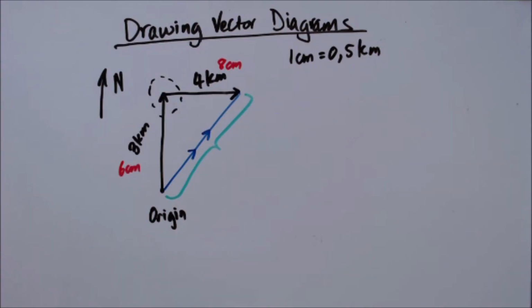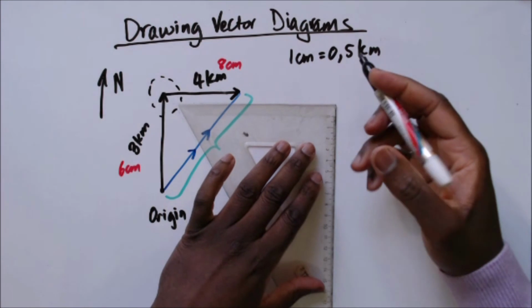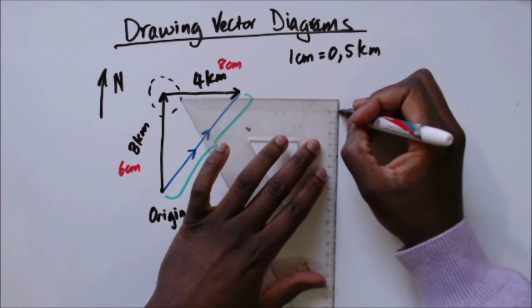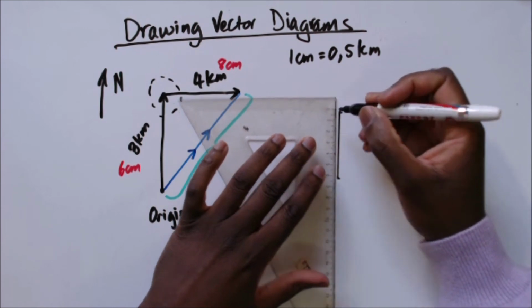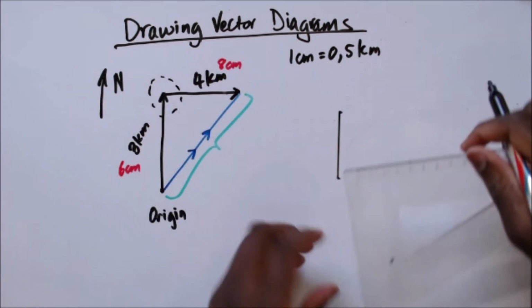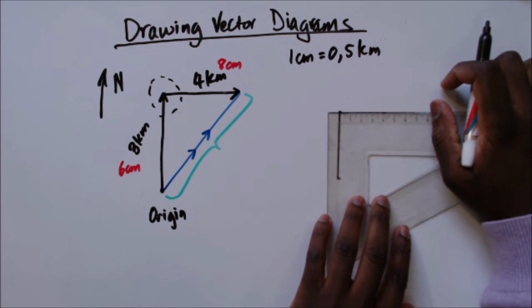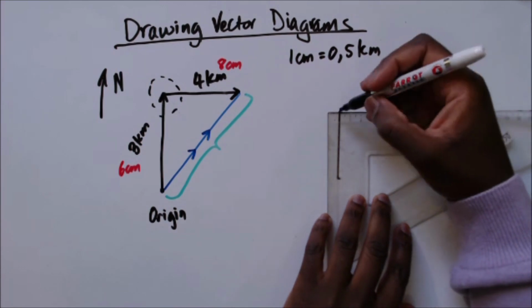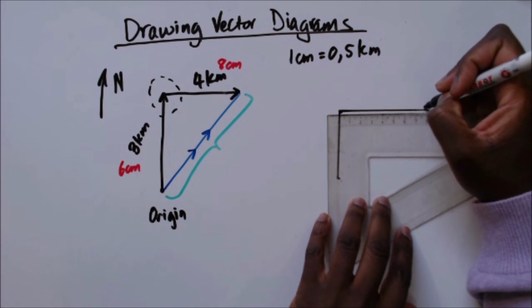Then I can go ahead and I can draw my diagram. It's quite straightforward. The diagram is as follows. We start off with 6 centimeters in the northerly direction. Right? And then that is followed, and here's where having a set square is really handy because you can draw good right angles, and that's followed by 8 centimeters in the easterly direction.